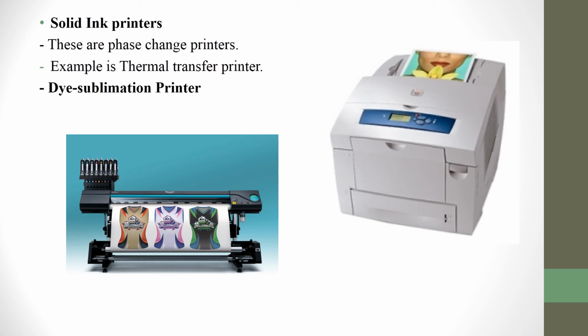Dye sub printers are intended for high quality color applications including color photography and are less well suited for text. While once the domain of high-end print shops, dye sublimation printers are now used as dedicated consumer photo printers.